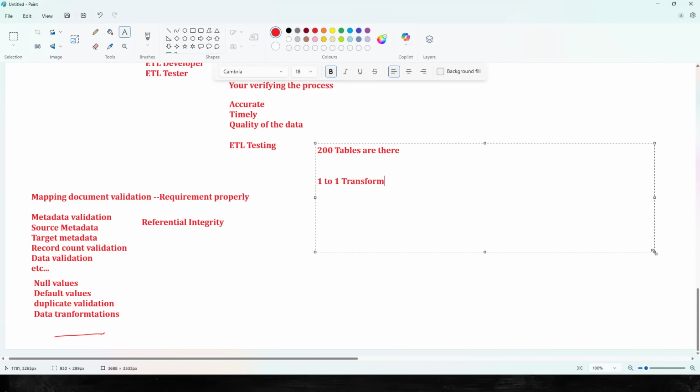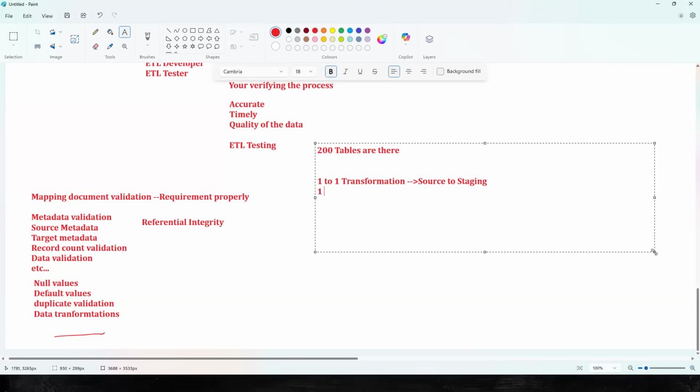Consider it a source to staging validation. It's a basic example, source to staging, one-to-one transformation.